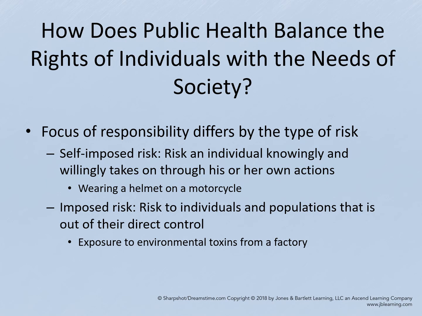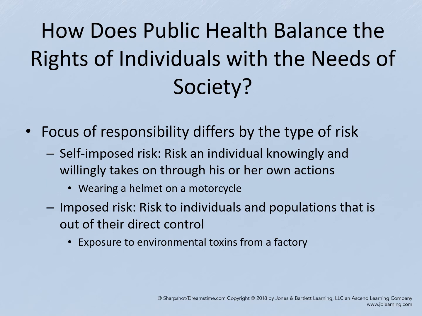Further, we'll look at types of risks that are taken. So one is self-imposed risk. Even though an individual knows that his actions might be detrimental, he might knowingly or willingly do that. For example, a person is not wearing a helmet on a motorcycle.